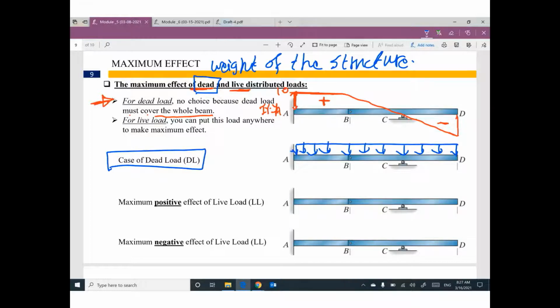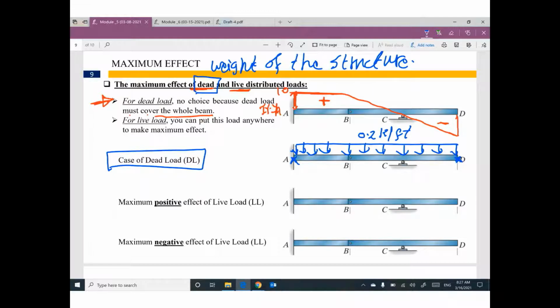So if your dead load is, for example, 0.2 kip per foot, we have a uniform distributed load covering the whole structure, the whole beam. No choice. I cannot put dead load at a specific location and remove it from another.